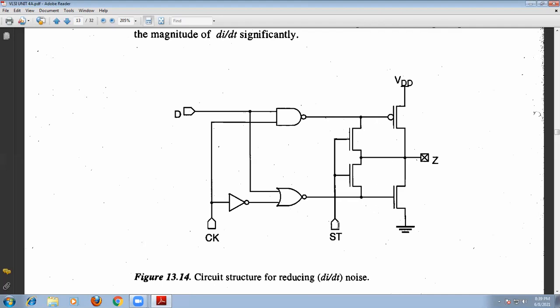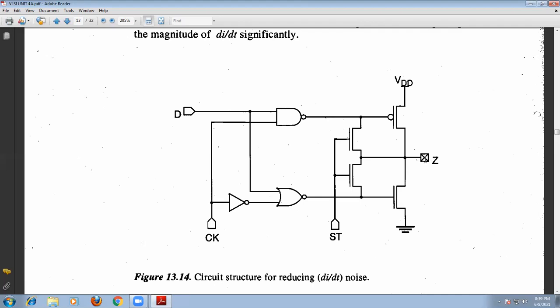This strobe signal is used to precharge the gate potentials of the last stages of the transistors to exactly the midpoint between the initial and final potentials of the output state, the load capacitance.